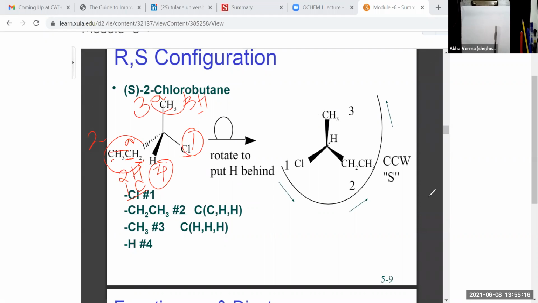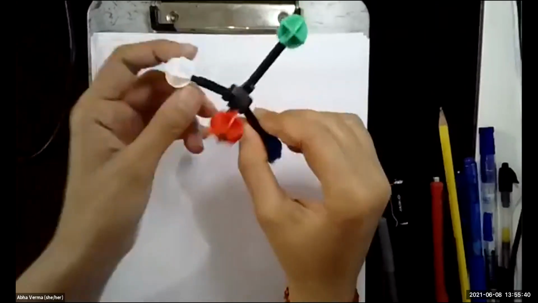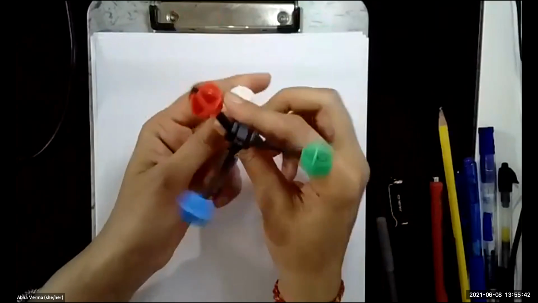Okay. So once we have our priorities assigned, you can do 2 things. The first is use your model. Let's say that this is the model that we are using, where white is our hydrogen. Okay?